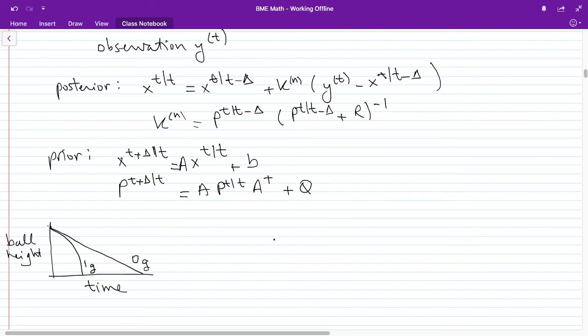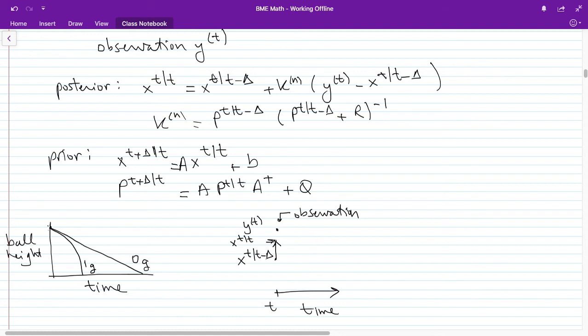At any given time t, we make a prior belief that it's going to be here, x of t given t minus delta. We make an observation here, y of t. It hasn't fallen as far as we think. We make a correction. This is x of t given t. We move toward our observation. Then we make a prediction forward in time.